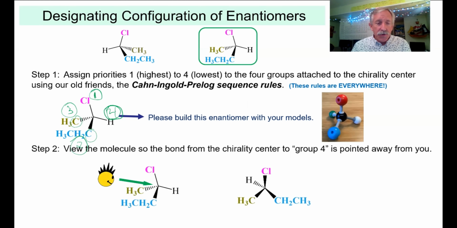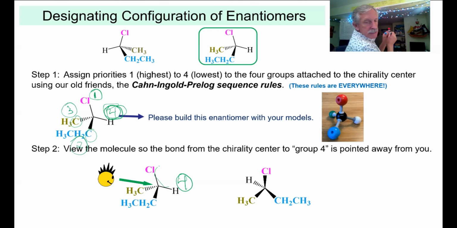View the molecule with the 4th priority pointing away from you, and try to keep these 2 in the plane, okay? So that when you're looking at it, you have the 4th priority pointing away from you. And the red and the green and the blue, this is what I see.